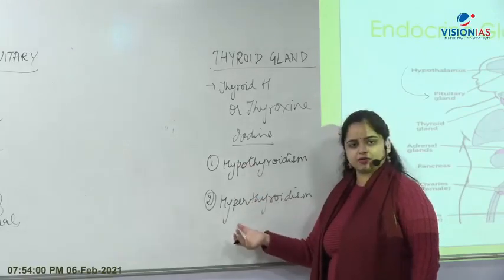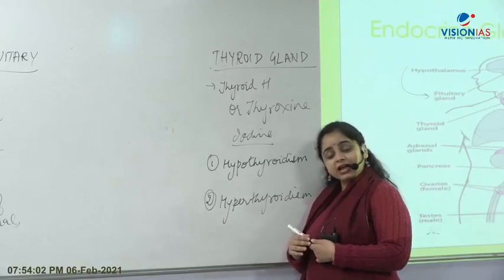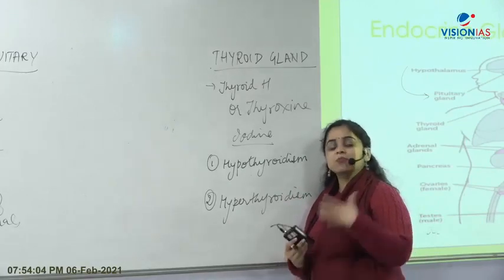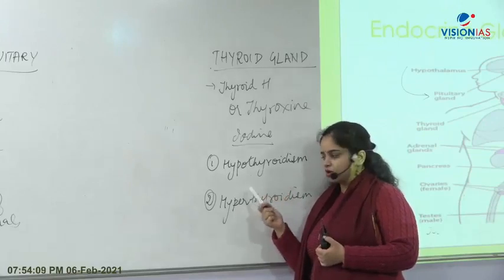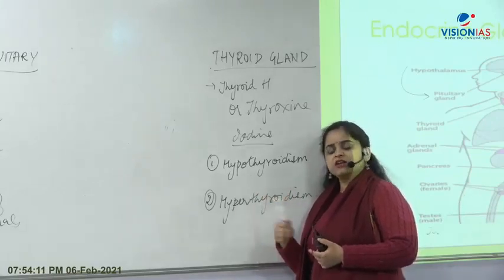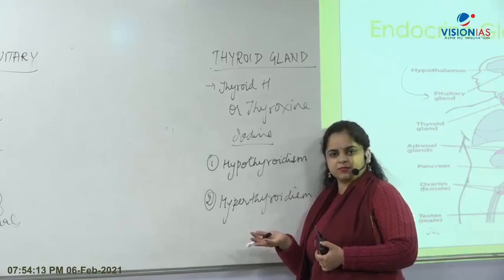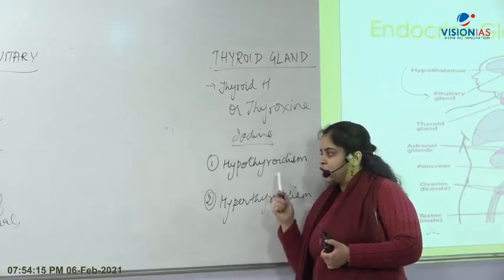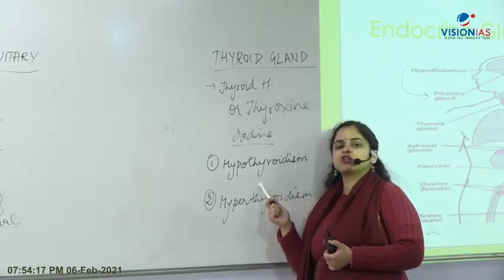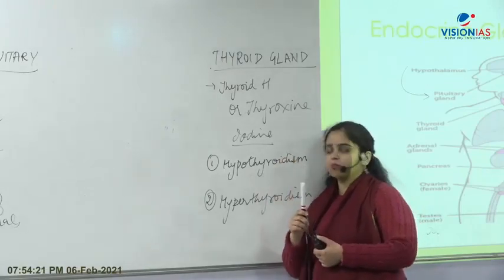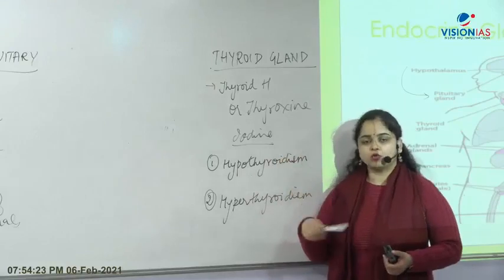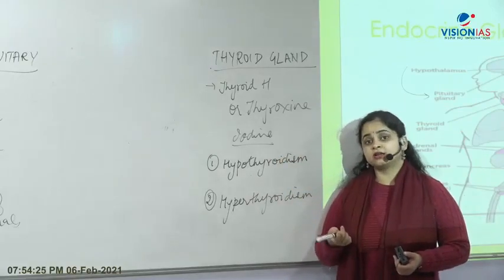Hypo and hyper. So when somebody says I have thyroid, it's not a complete description, because is the thyroid a hypo condition or a hyper condition? We have patients of both these types. I'll tell you the distinction. Those people who have hypothyroidism, that means thyroid gland is not working properly, thyroxine amounts are not adequate.